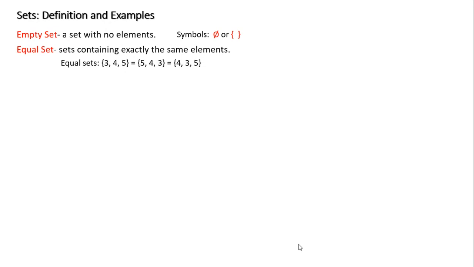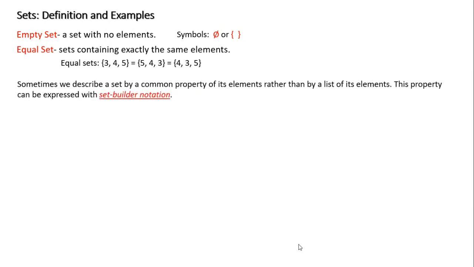That's equal to 5, 4, 3, because both sets have the same number of elements and the exact same ones. Again, the order does not matter. These are all equal because they all have 3, 4, 5 or 5, 4, 3. So this is what makes sets equal: they have exactly the same elements.